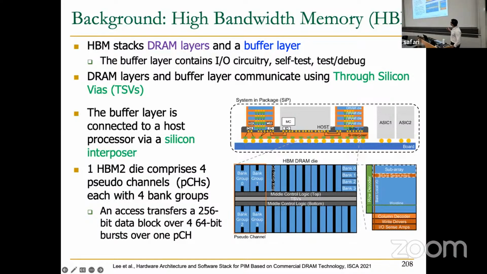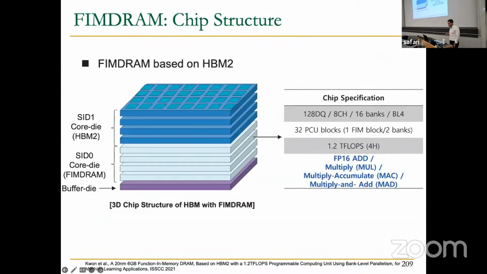But the row size is a bit smaller, so this is 1 kilobyte, and in DDR4 it is 8 kilobytes. So it's a trade-off, because we want to have more DRAM banks, so then you can operate them more in parallel. So in the original paper, Samsung called this their PIM architecture FIMDRAM.